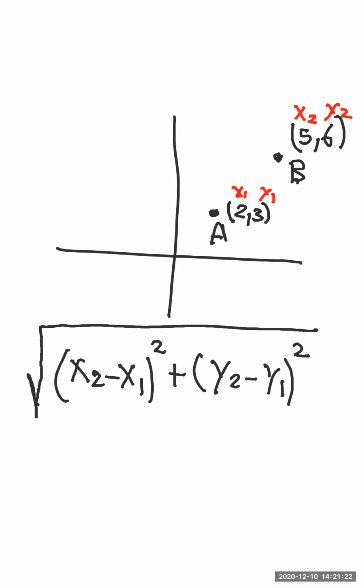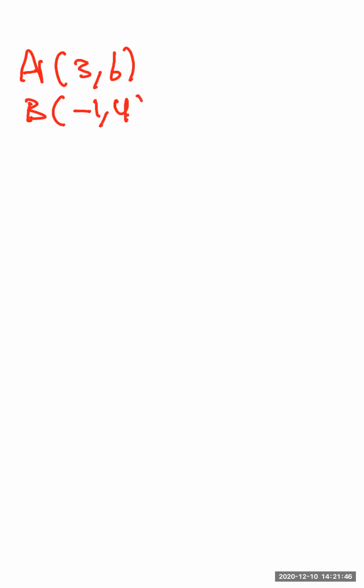Yes. Okay, so let's solve one example about this so that we can understand this point well. If A is (3, 6) and B is (-1, 4), find the length of AB.